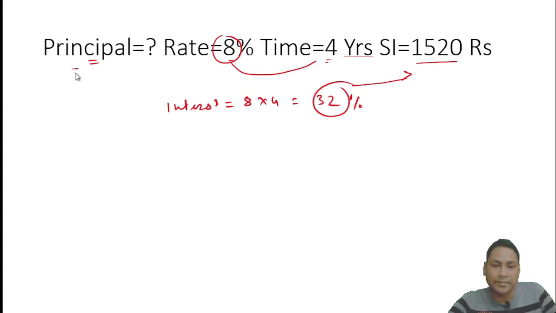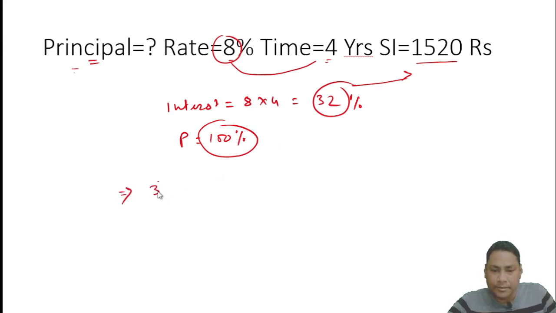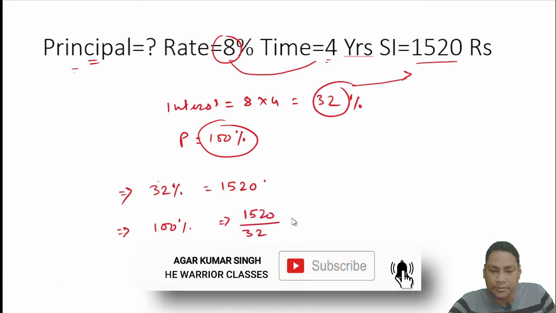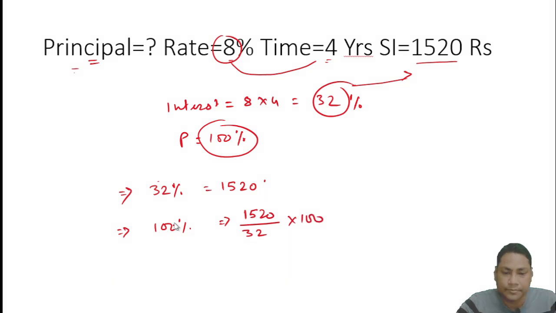So we know that principal is 100%. So 32% is given, we have to calculate only 100%. So from here we can write as 32% is equal to 1,520 rupees. For 100% it will become 1,520 divided by 32 multiplied by 100. Now we'll divide it by 8, it will become 4 and 8, 19 8 is 152, 0.